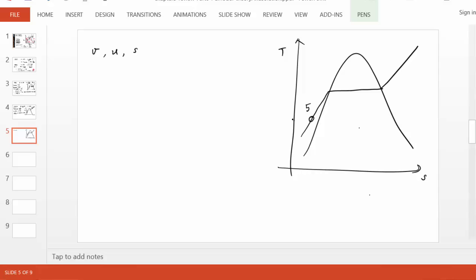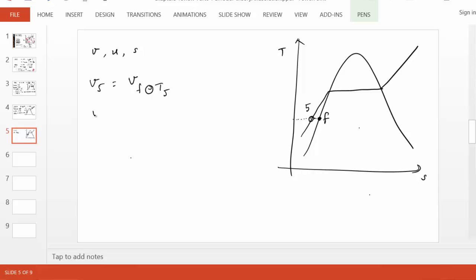So in other words, if the state belongs anywhere on this horizontal constant temperature line, then V, U, S will be the same value. So if we can find the properties of this F state, then suppose we want to find specific volume at state 5, it will be the same as Vf at the temperature of state 5. So if you know the temperature at state 5, that's all.